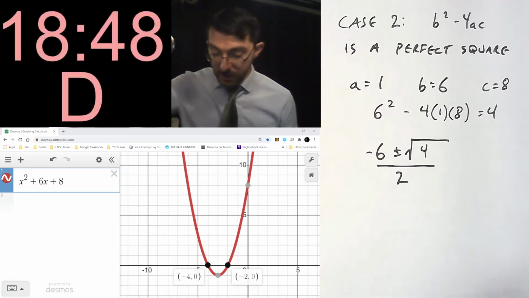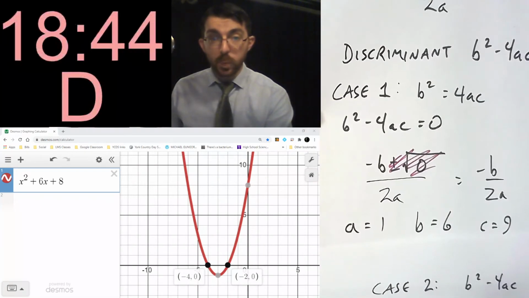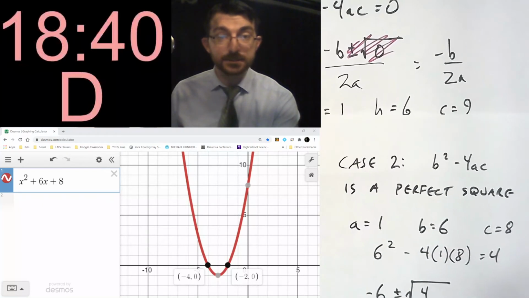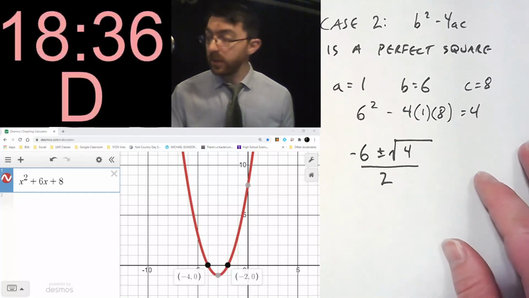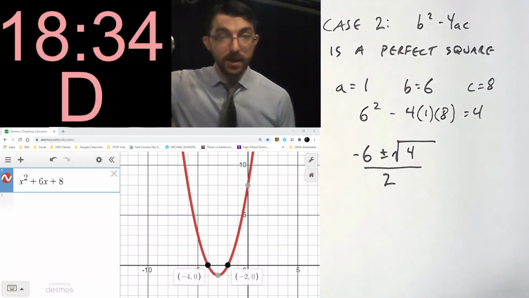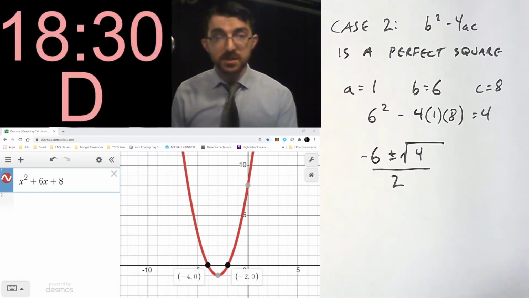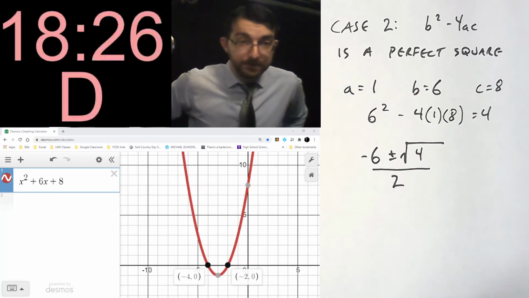So I think we can agree that case 1 and case 2 are our favorite cases. These are the ones that we give to 8th graders when they're learning the quadratic formula for the first time. Just get a whole number answer or 2 whole number answers, and that doesn't break their 8th grade brain.